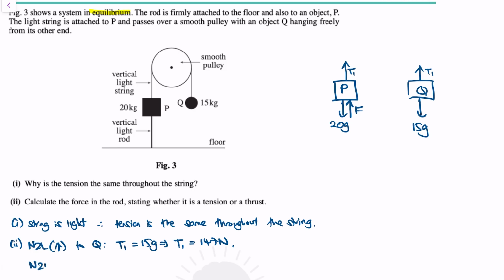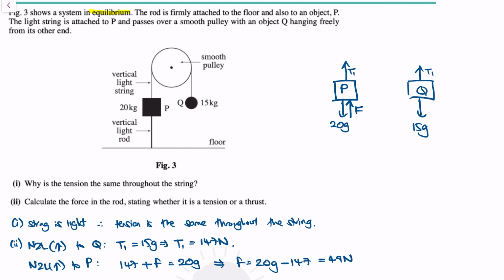So Newton's second law applied vertically to P. Forces acting up must be equal to forces acting down. So 147 plus F must be equal to 20g, which means F must be equal to 20g take away 147, which works out to be 49 newtons.